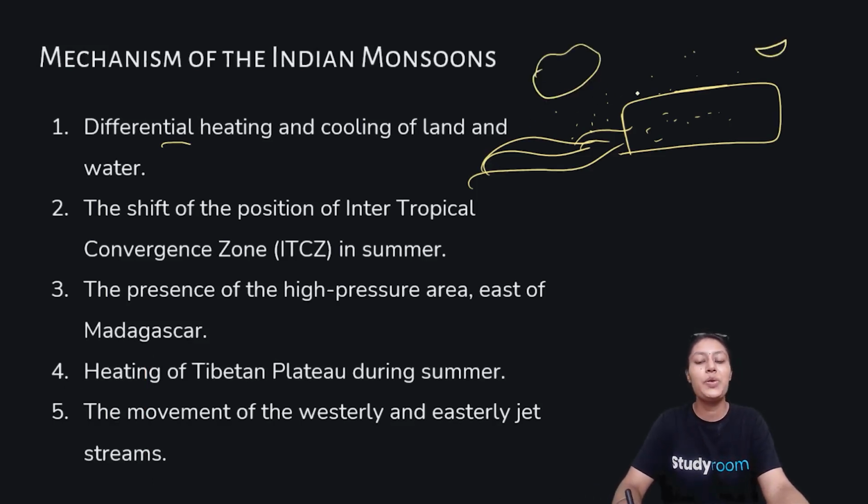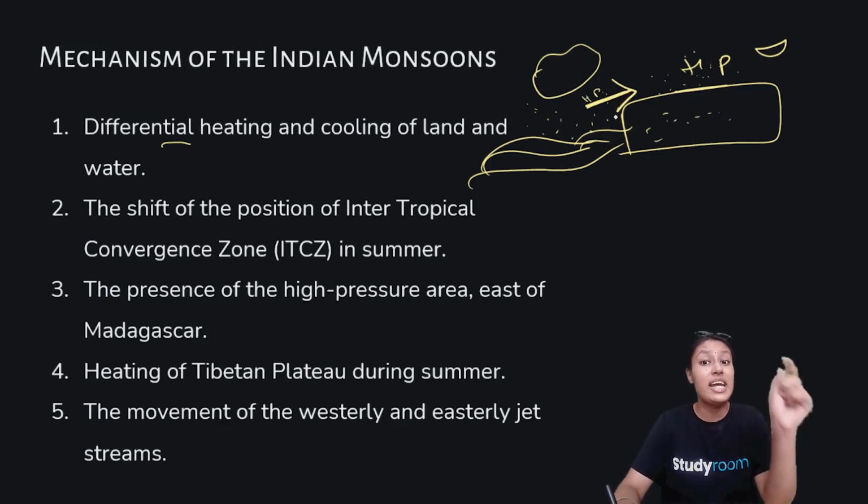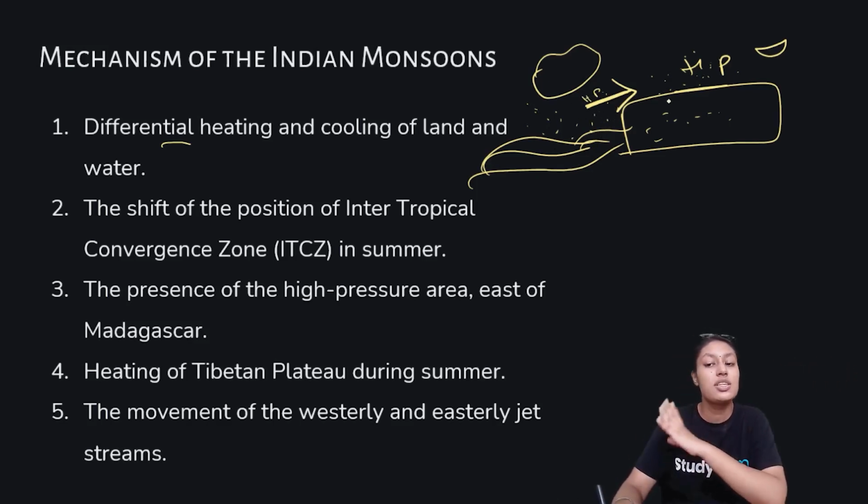So in the night, this area has high pressure, because the winds in the daylight have moved towards this side, and this area will have low pressure, okay. So the high pressure winds that were over the oceanic area in the daylight have now moved towards the land side, okay.